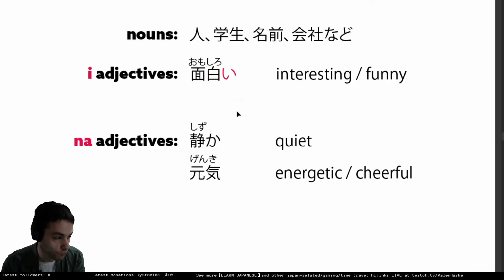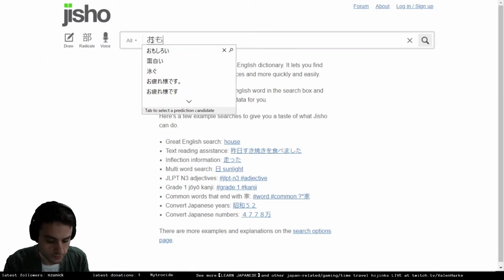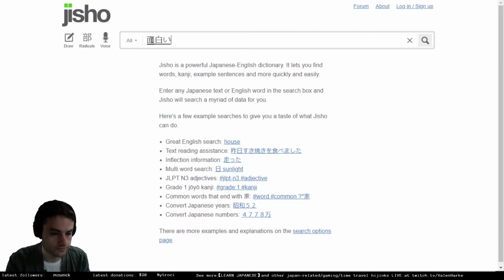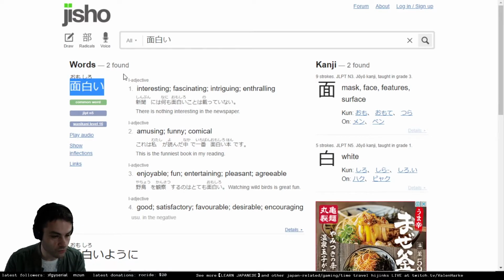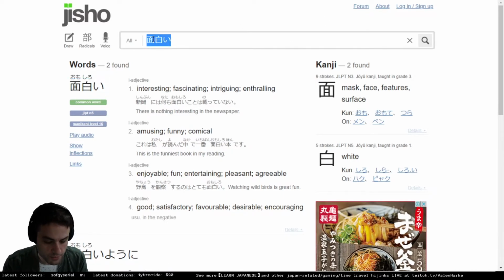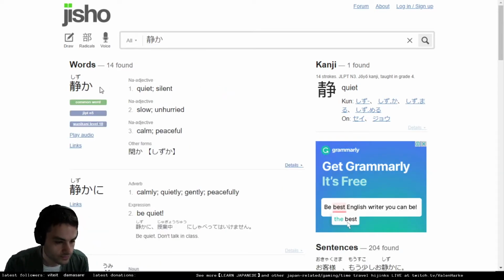This is part of the word. If we go look this up right now, omoshiroi, you'll notice it comes up when I hit space, and it contains the i, right? There it is. So this is all one word. However, if we look up shizuka and don't add na, you'll notice there is no na here. It does say, though, na adjective.